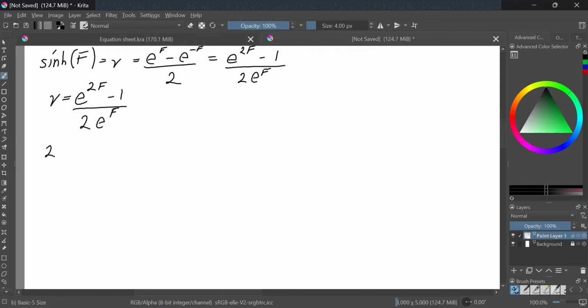We have 2v e to the f is equal to e to the 2f minus 1. I'm going to take that guy over to there. Really what I'm going to do is I'm going to have these two swap places. So we have e to the 2f minus 2v e to the f, and that is going to be equal to positive 1.